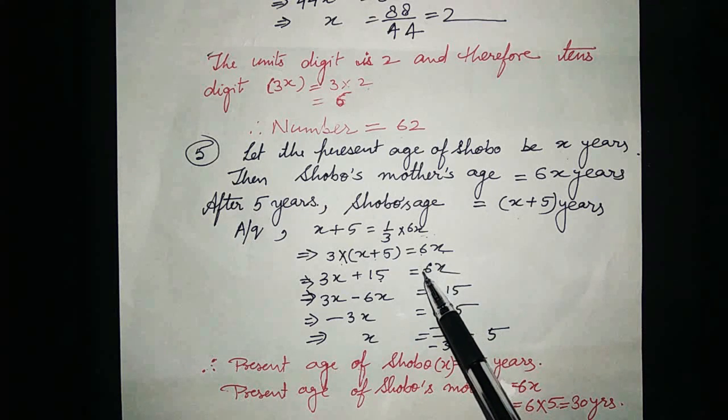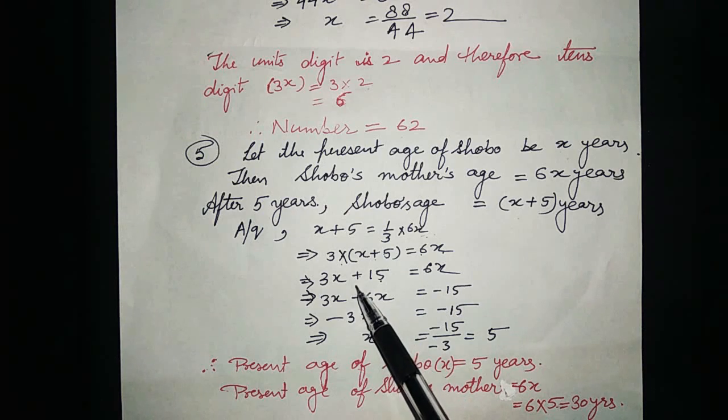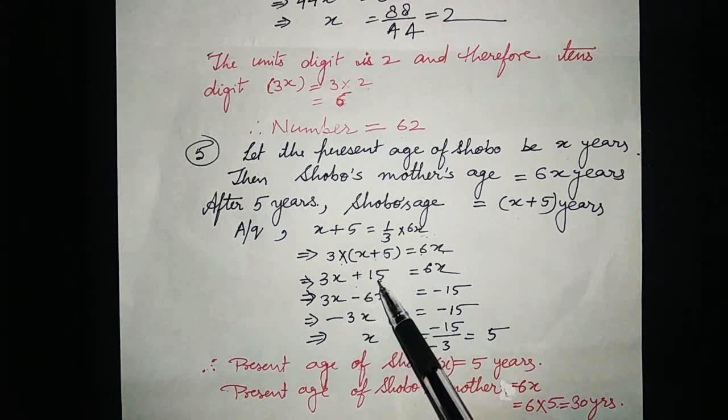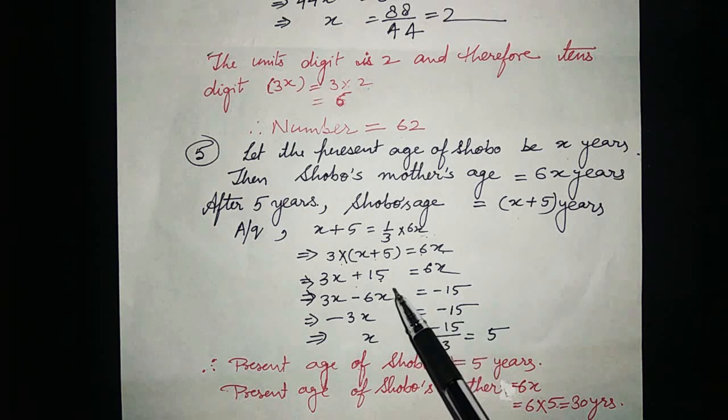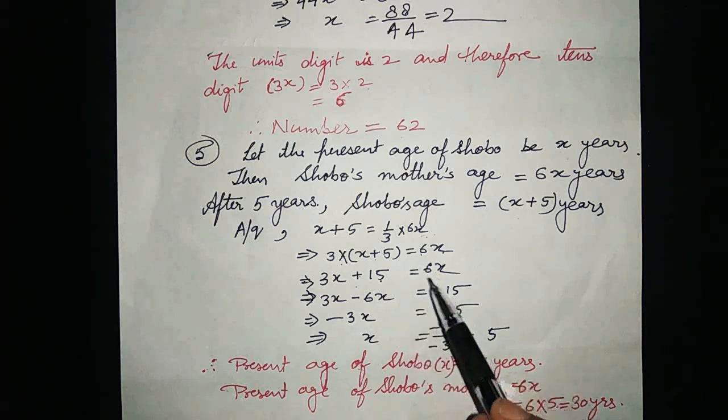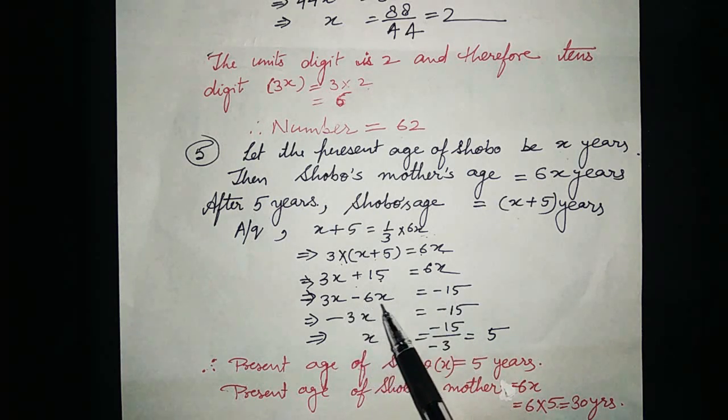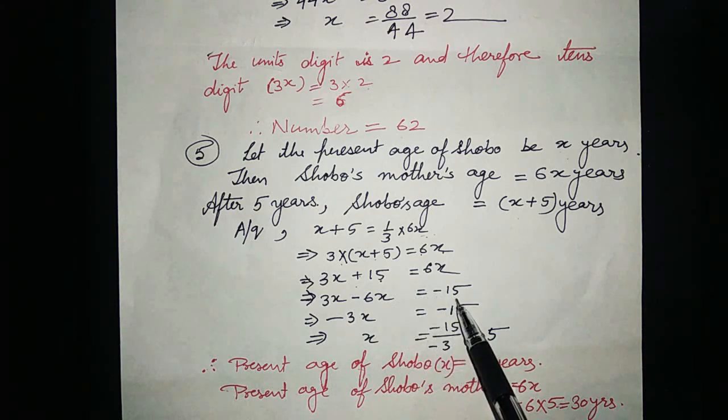Plus 6x we will transpose from the right hand side to the left hand side. Plus 6x will be minus 6x. And plus 15 we will transpose from the left hand side to the right hand side, and then plus 15 will be minus 15. Now the equation is 3x minus 6x is equal to minus 15.